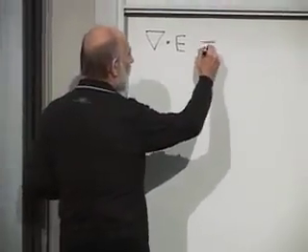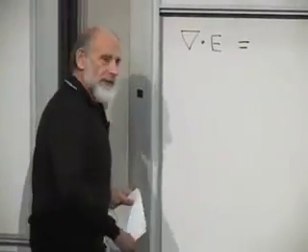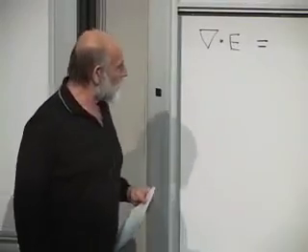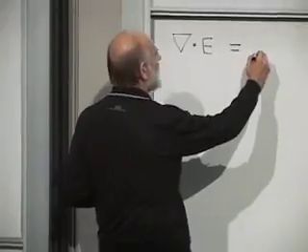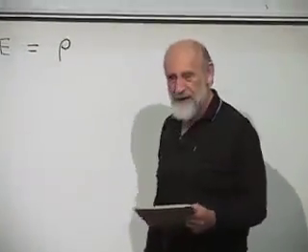That's equal to what? Rho, the charge density. In some people's version there's a 4 pi in there. In mine, there is no 4 pi. Anyway, del dot E is equal to rho.